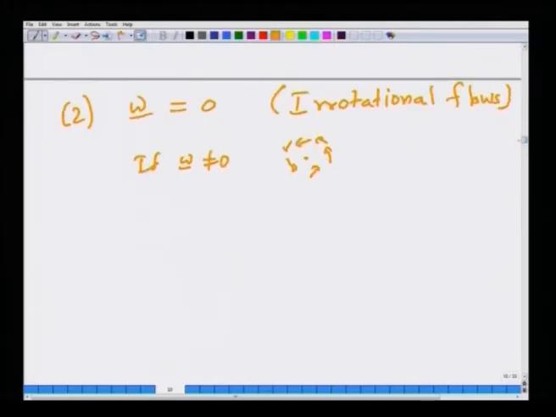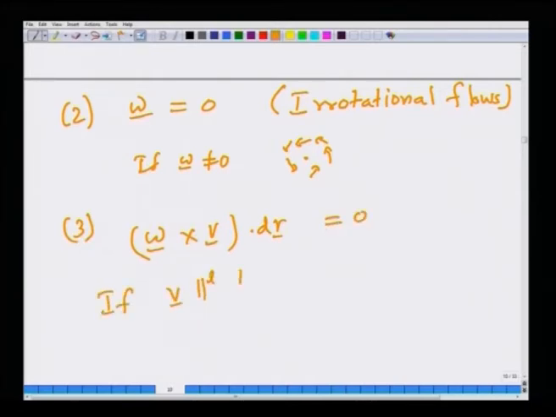Okay. So, that can happen, and omega cross V dot dr can be 0 if V is parallel to dr. That is because if V and dr are parallel, then omega cross V will point in a direction perpendicular to V, because the cross product of two vectors is perpendicular to both vectors.